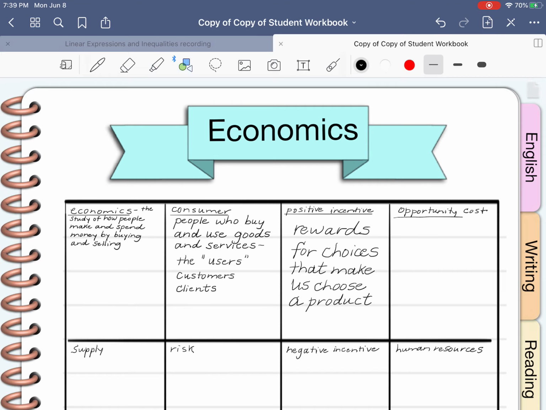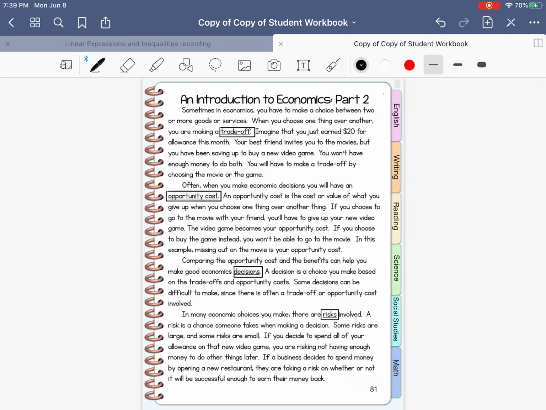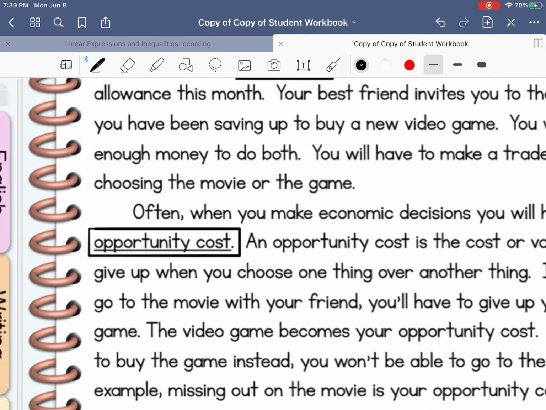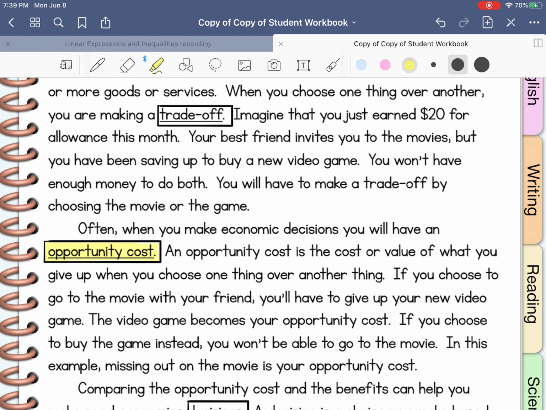Okay, an opportunity cost. Opportunity cost. So let's skim for that term. There it is. I would read the sentence before and after. That's usually a good way to get the context. Often when you make economic decisions, you will have an opportunity cost.